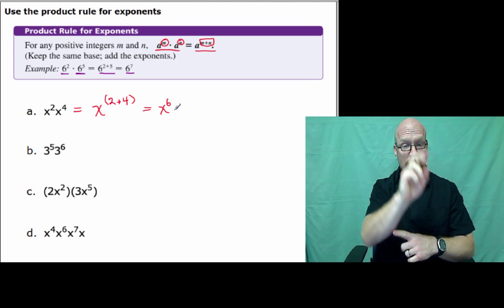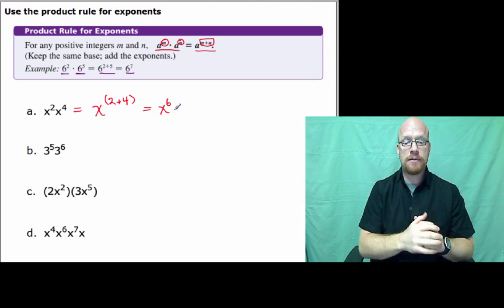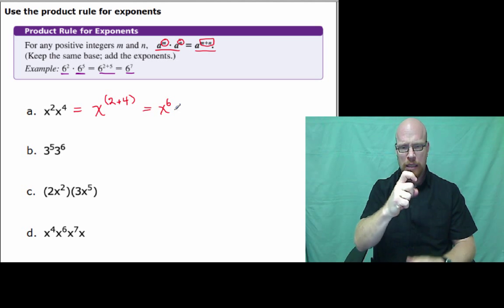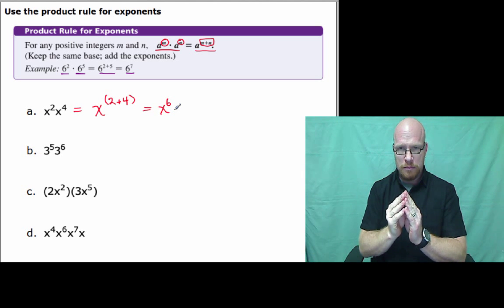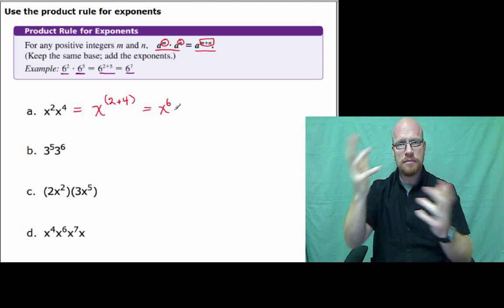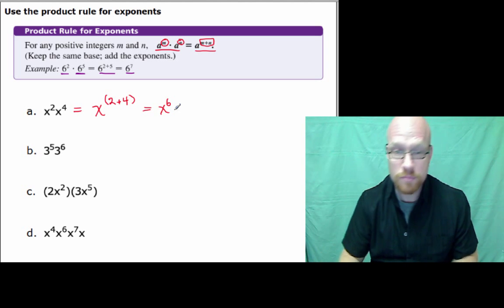If I were to write it all out in expanded form, it would be x times x times x times x times x times x, for a total of 6 x's, so to speak. So we have x to the 6th power.